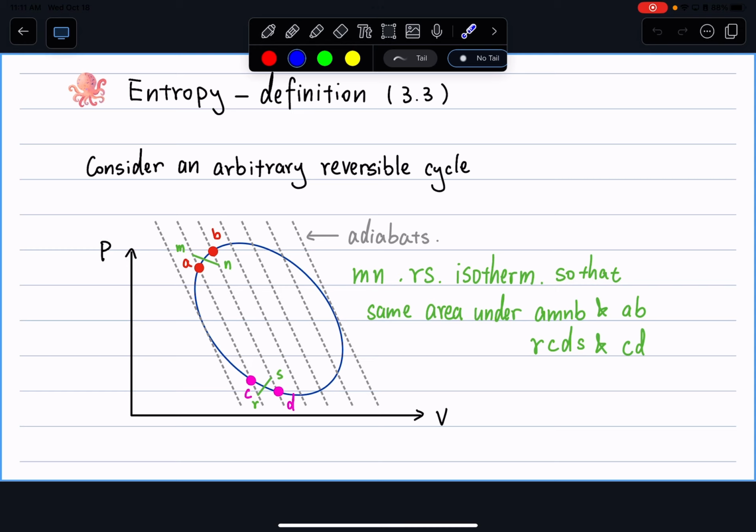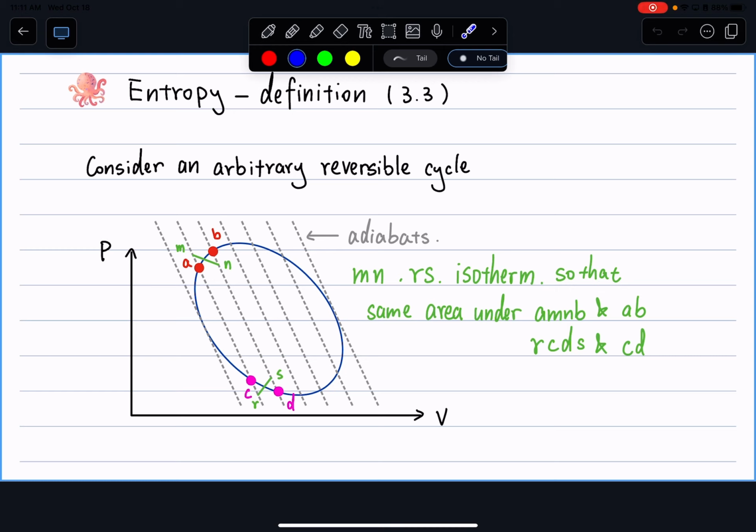I was curious why QAB and QMN don't have opposite signs. Is it the magnitudes that are equal? So what we're doing here is not moving things around. What we're doing here is just saying A to M is a zero heat process, and then N to B is a zero heat process. So when we're looking at A to B, what we're talking about is effectively the difference between AM to N. Because AM is 0, NB is 0.